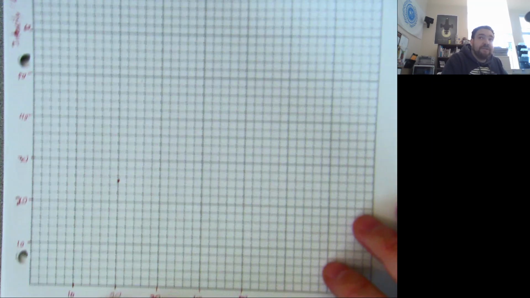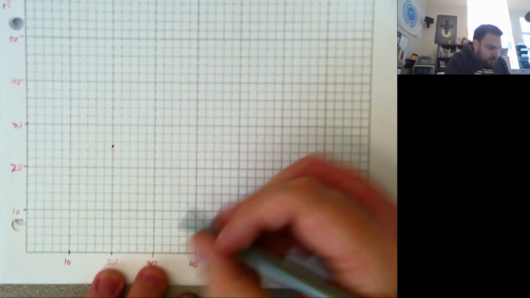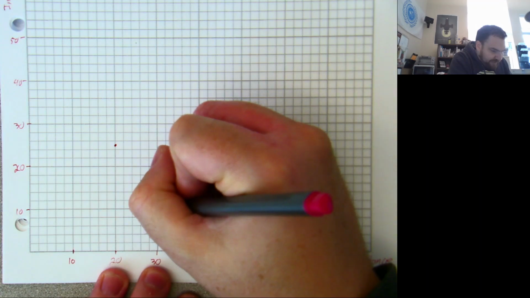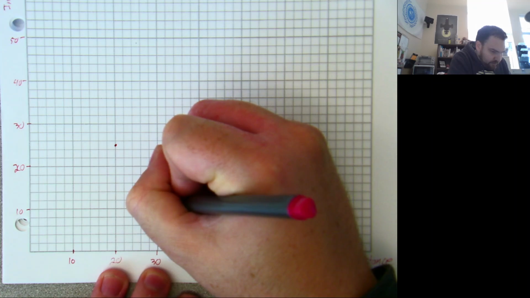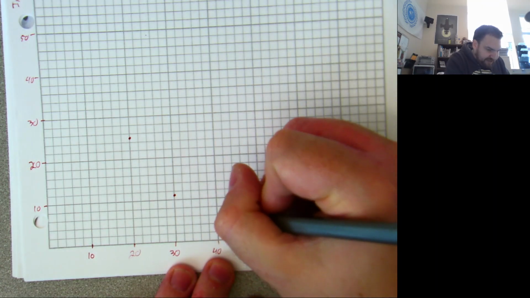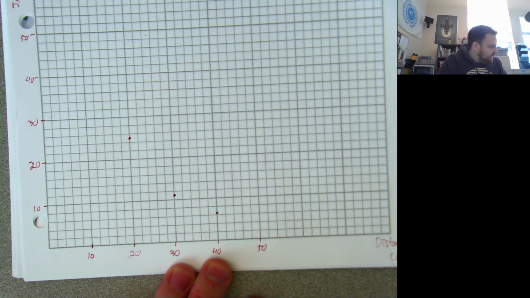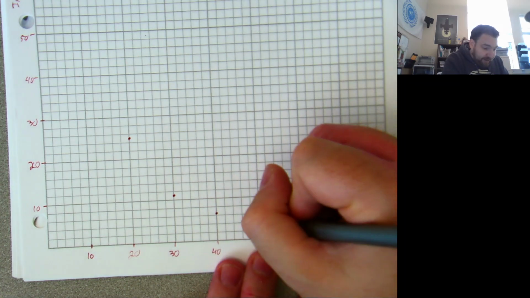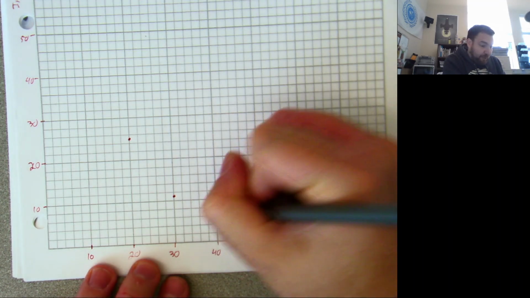And then at 30 meters, we're all the way down at 11.1. So if that's 10, that's 12. Halfway is going to be 11. And then 40 is 6.3, so that's 2, 4, 6, and just a smidgen above 6. And then 50 and 4 are bang on. So that's what the points on that graph should look like.